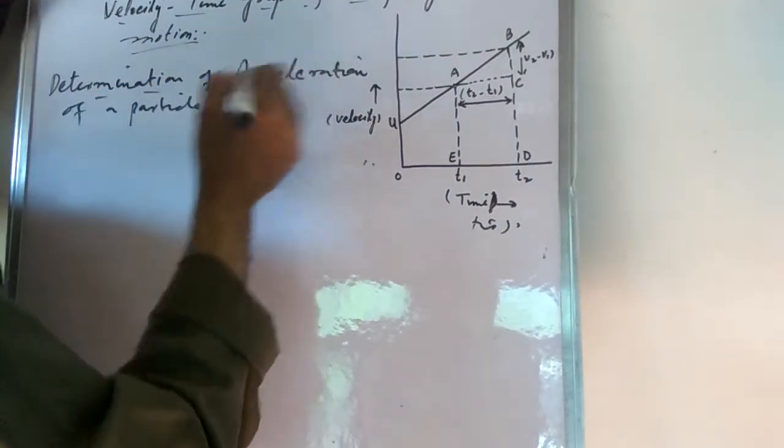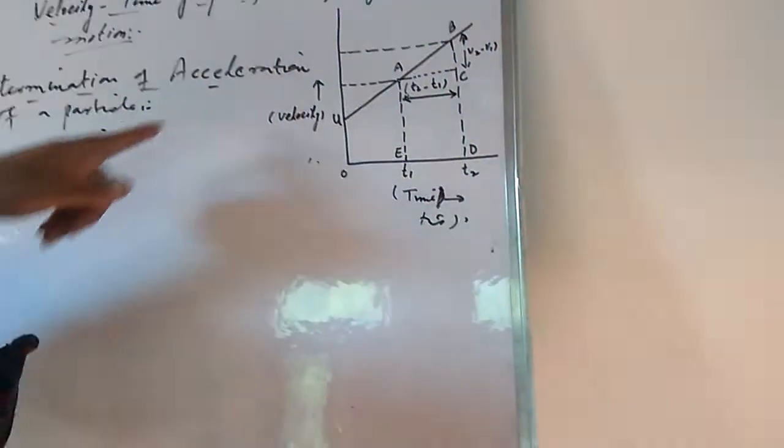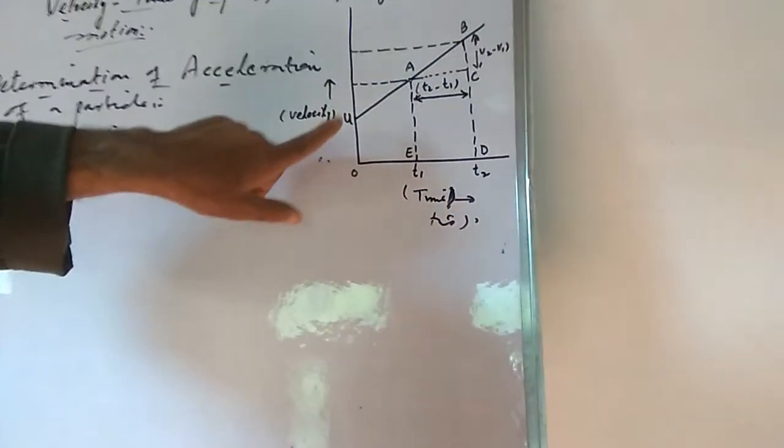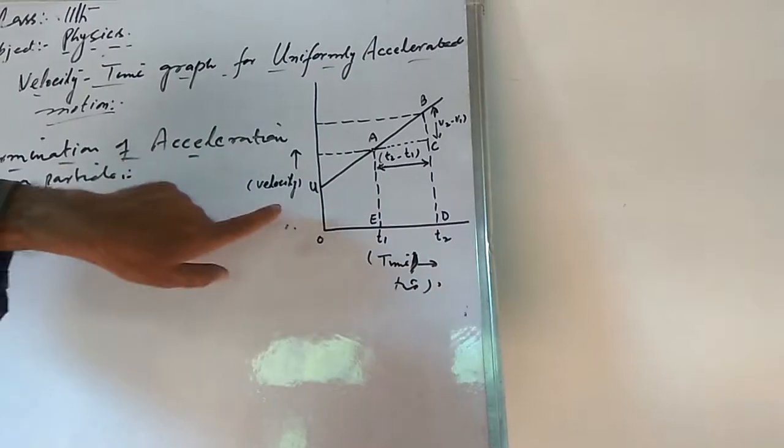Now, dear students, we'll see how to determine the acceleration of a particle using the velocity time graph. For this, consider two points, A and B, on the velocity time graph, as shown in figure first.